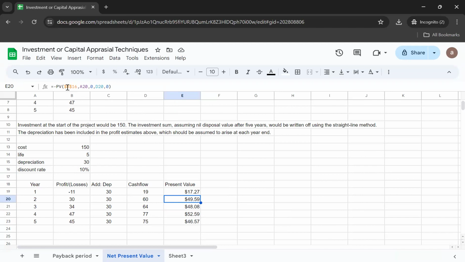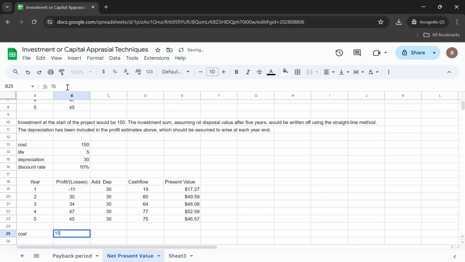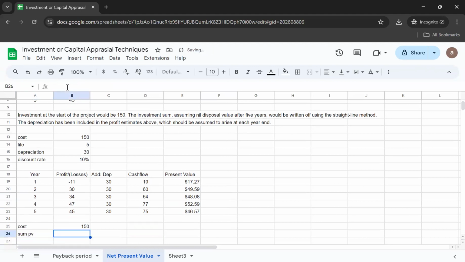Now, what is net present value, right? So this is present value, not net present value. How do we calculate the net present value, right? So cost of the asset was 150, right? Sum of PV, which is present value.